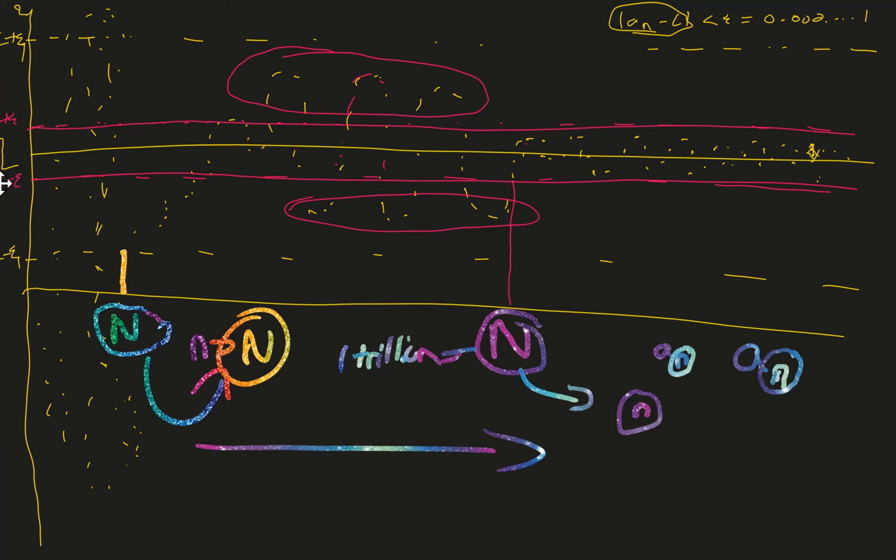So for all this small n, 1 trillion, 1 trillion plus 1, 1 trillion plus 2, 1 trillion plus 3, plus 4, plus 5. So for all these small n's, the terms of the sequence end up being in this smaller tube.